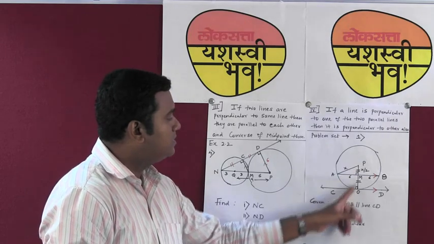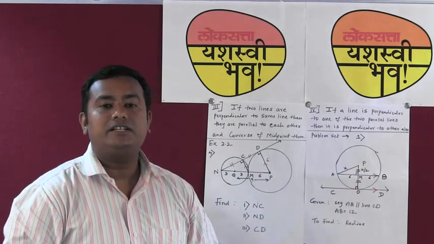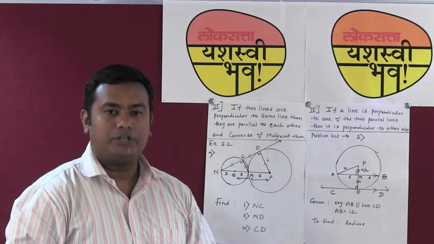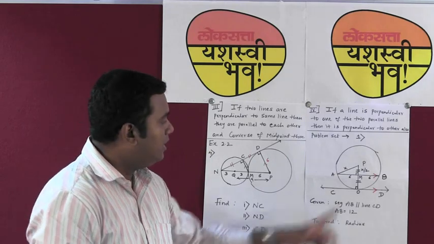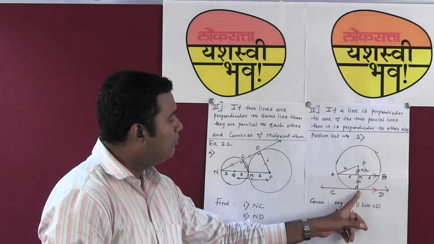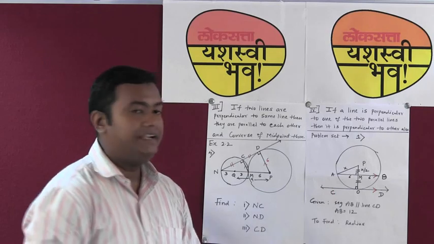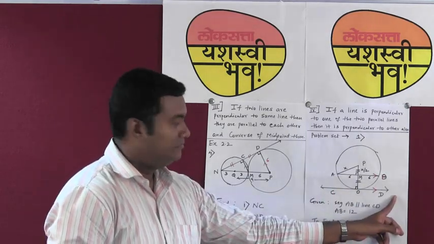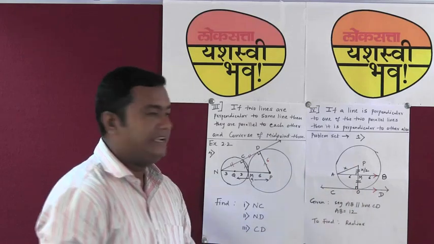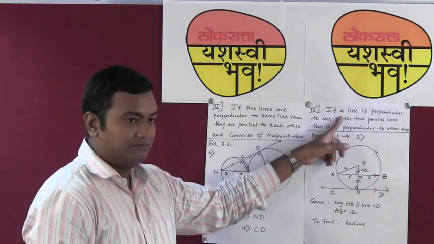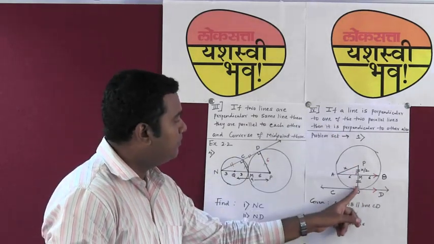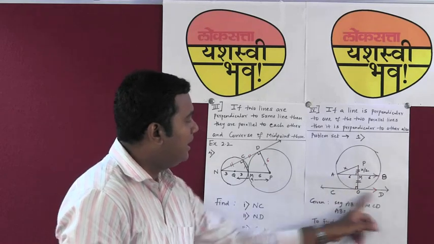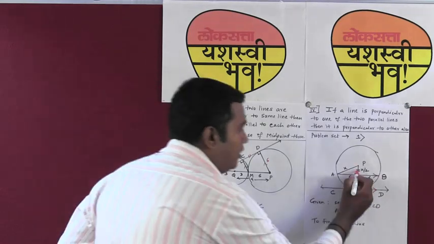Now, we'll first use the theorem that the tangent is perpendicular to the radius at the point of contact. Using this theorem, we can prove angle POC is 90 degrees. Now, already we have AB parallel to CD and angle POC is 90 degrees. So, according to this theorem, if a line is perpendicular to one of the two parallel lines, it is also perpendicular to the other.